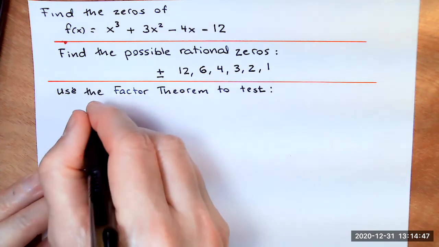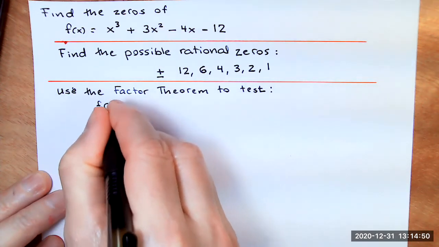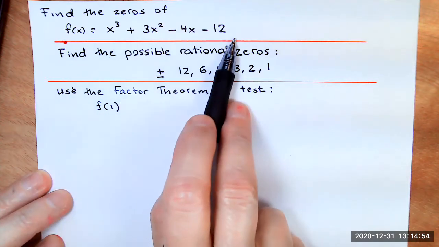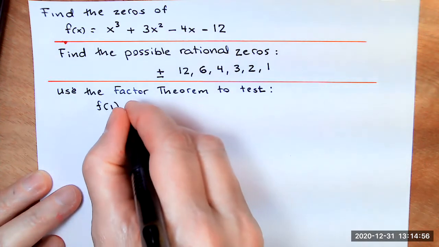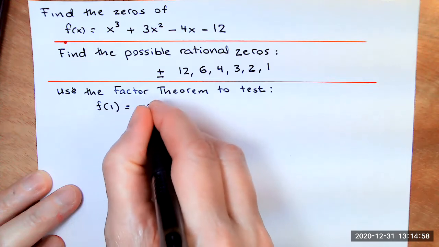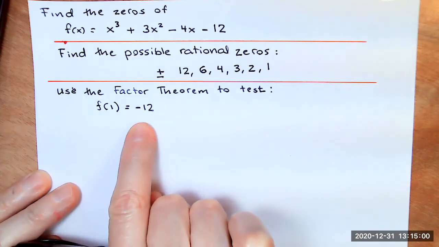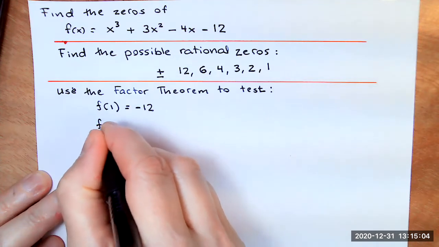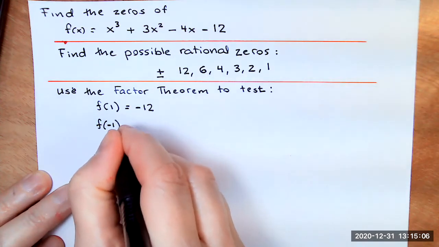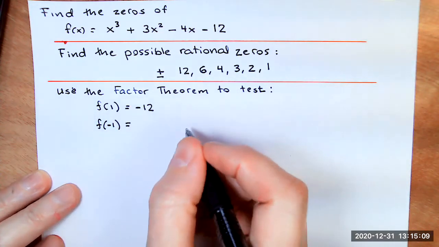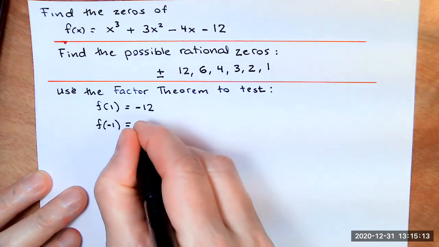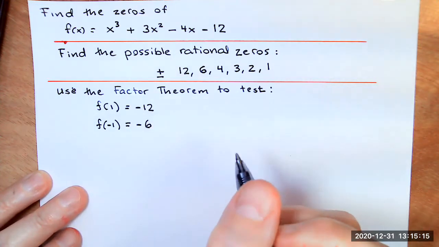Let's try plugging in 1. Well, it turns out that f of 1 is equal to negative 12. So x minus 1 is not a factor. Let's try f of negative 1. Turns out that f of negative 1 is negative 6.